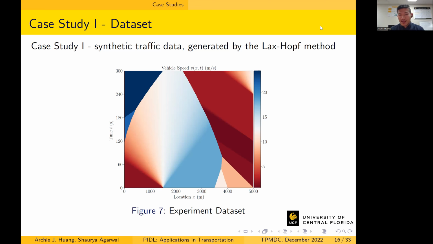A quick note on the color scheme: bluish areas represent a higher vehicle speed, and the red zones are where vehicles are traveling slower with a higher amount of vehicles present on the road. On the next two slides, we are going to see how PIDL and DL perform.